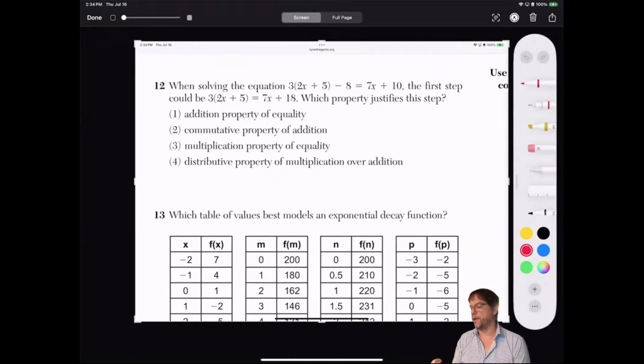When solving the equation, I have an equation here. The first step could be doing this.